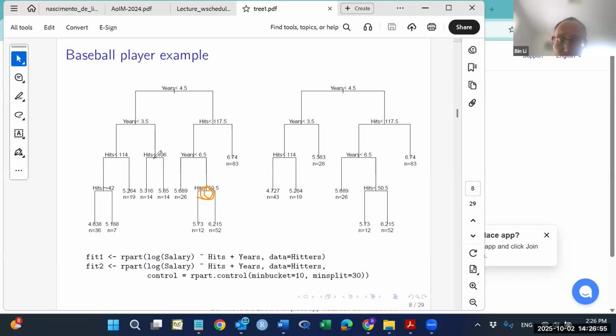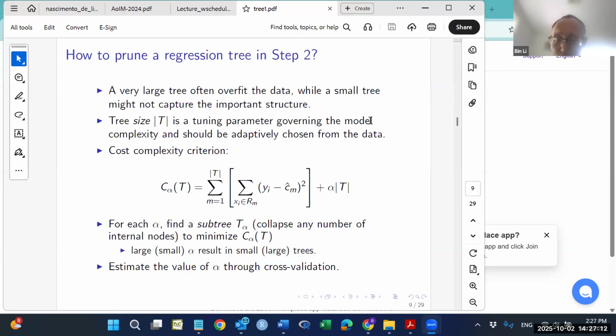If we collapse these nodes, then there are no longer these two leaves, just this one leaf. But we can collapse any number, just one, or two, and so on. So we can have a sequence of simpler trees.